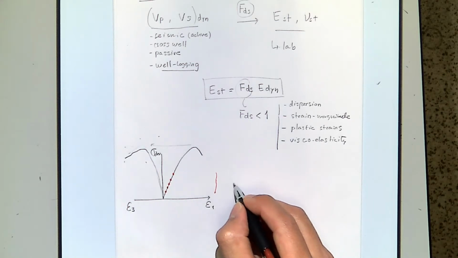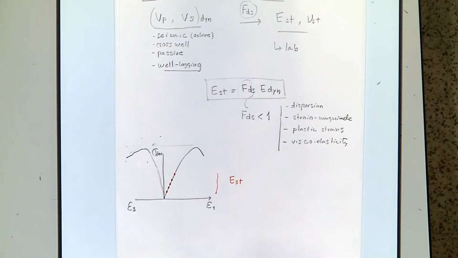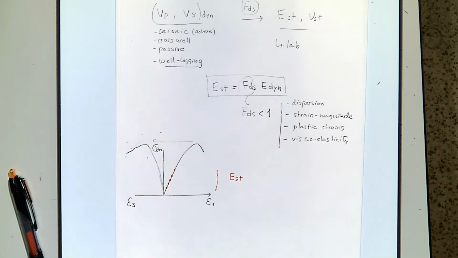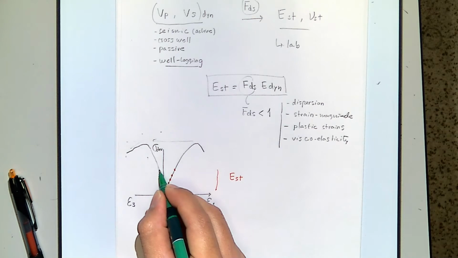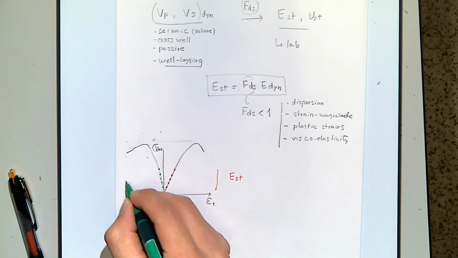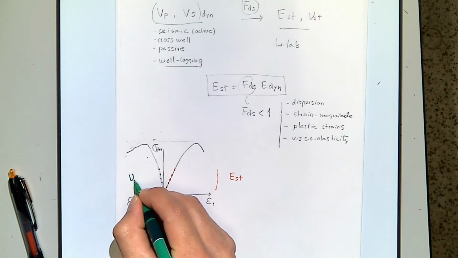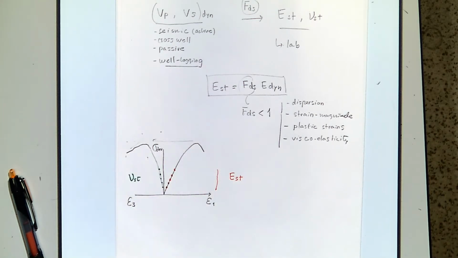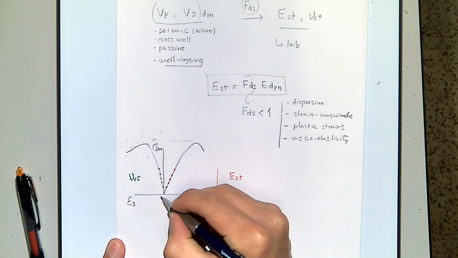From here, you get the static Young modulus. And if you use the radial strain, from here also you're going to get the static Poisson ratio. You know how to do that, right? Relatively easy.